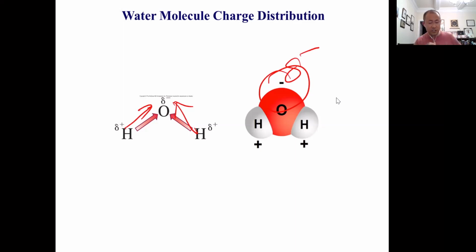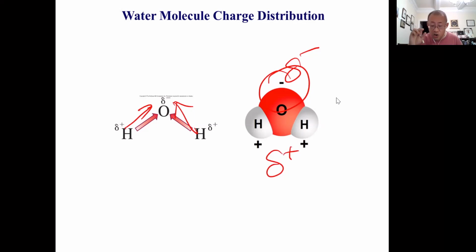So the oxygen of the water has a partial negative charge. The hydrogen side of the water has more positive charge. So in the whole water molecule, the charge is not evenly distributed. One end has more negative, one end has more positive, and because of that, the water molecule is called polar.